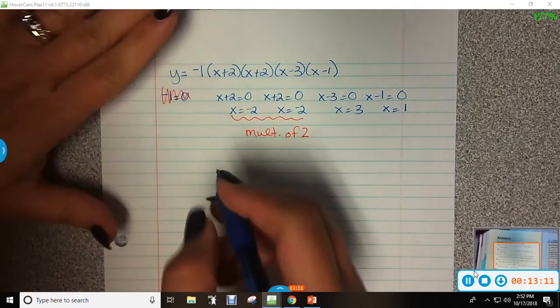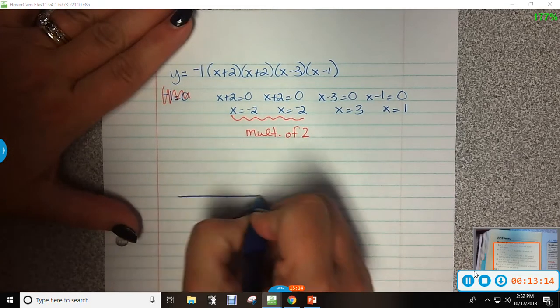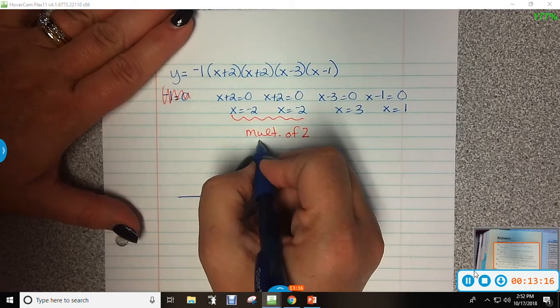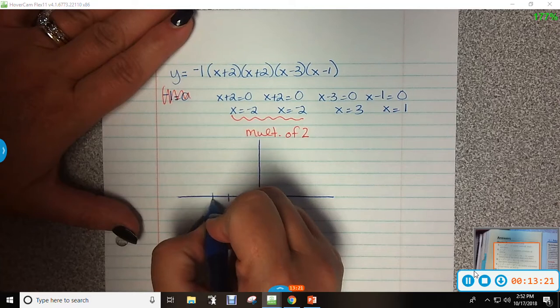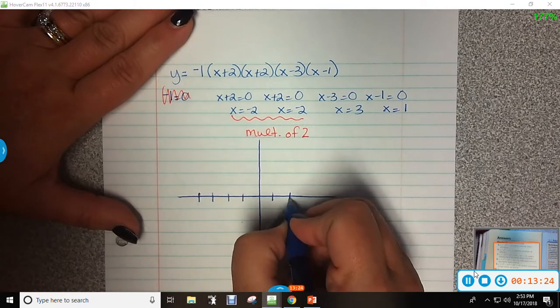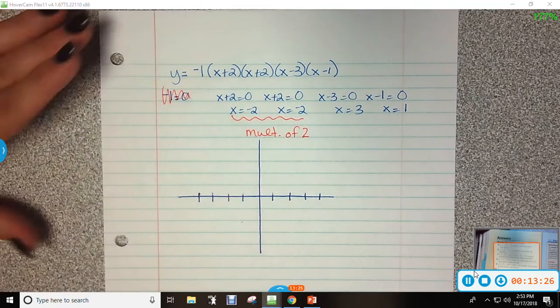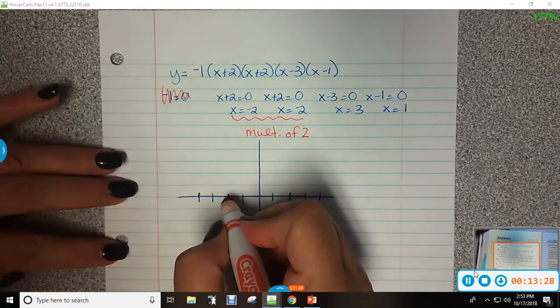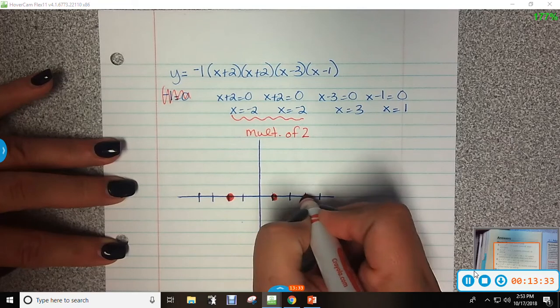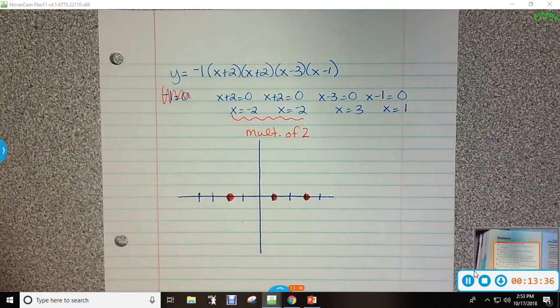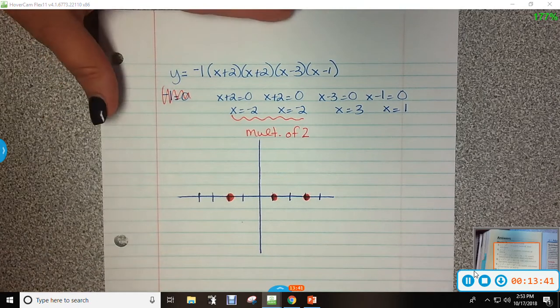So I'm just going to sketch this one down here. Alright, so -2, 1, and 3 are my solutions. I have to do end behavior. We didn't do that yet. So what degree is this going to be?